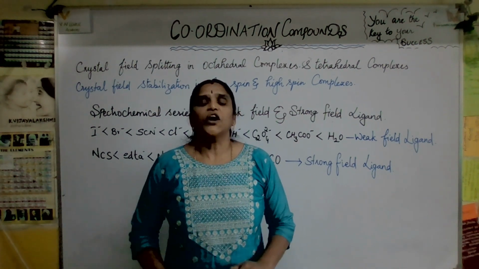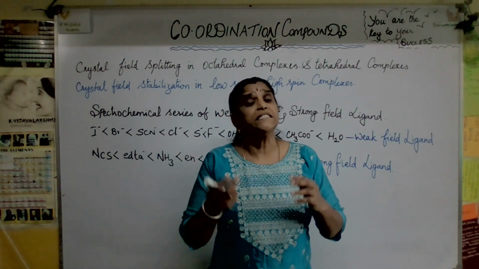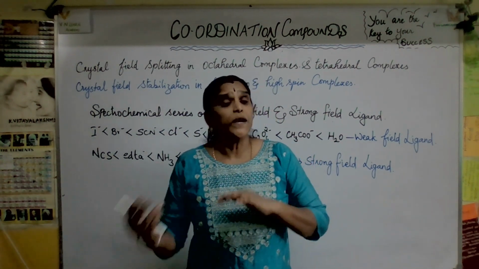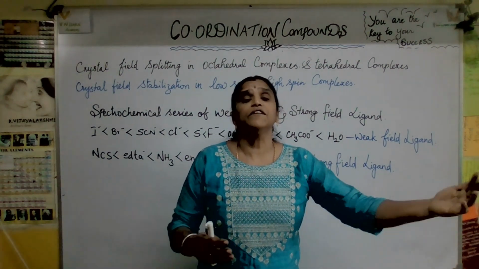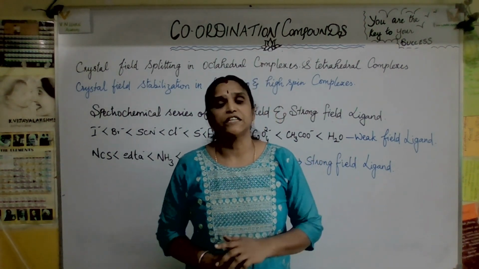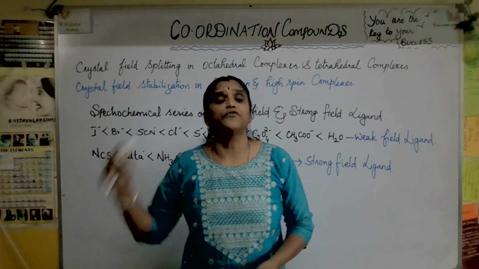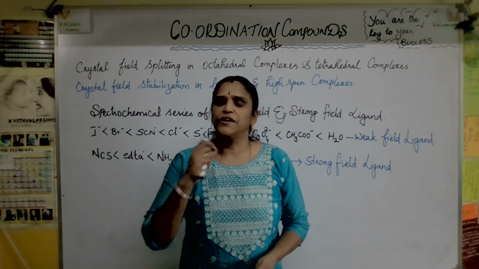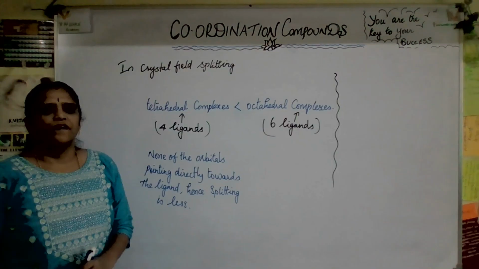Today we are going to see the comparison between compounds: which is a weak field, which is a strong field, depending on what is joined to the metal ion, along with important board level questions. Come on, let us go.